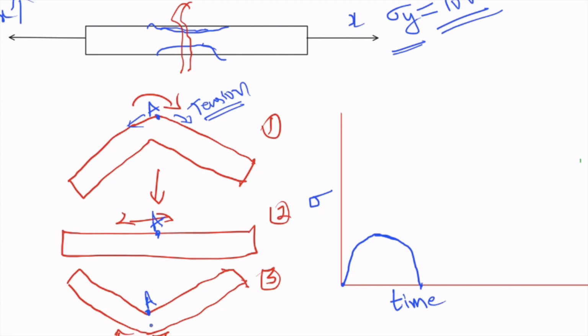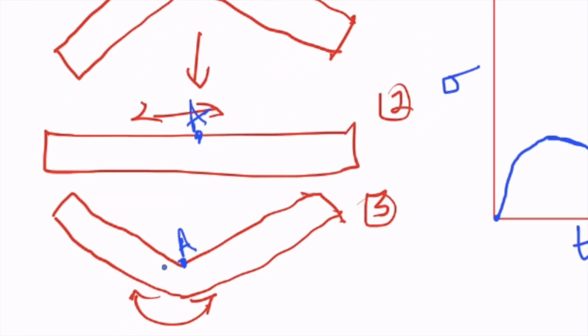So what happens when you bend this thing in the opposite direction? Instead of tension, this particular point will experience a kind of compression on this area. So you could imagine this will be the experience of this particular point when you're trying to bend in this direction.